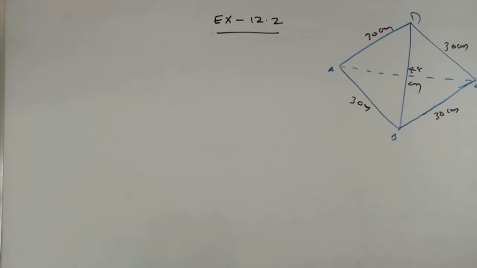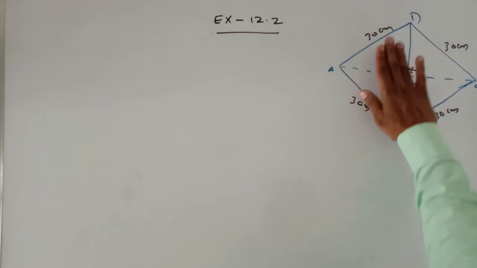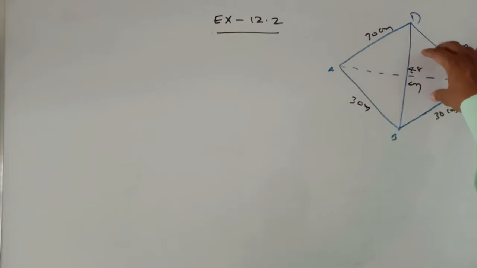In a rhombus, the diagonal divides it into two congruent triangles. So here ABD is one triangle and BCD is the other triangle. I am going to calculate the area of ABD using Heron's formula.